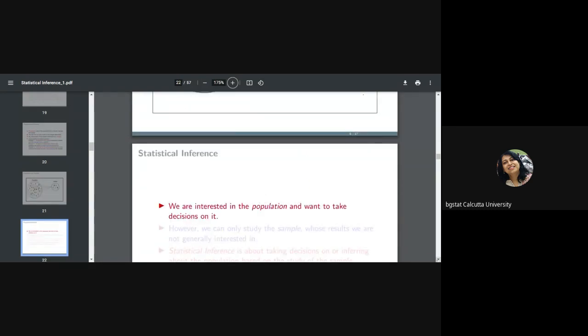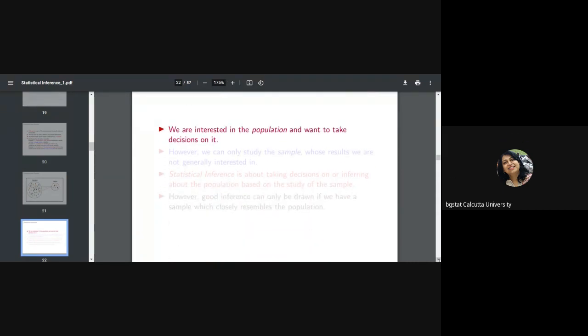So next we come to statistical inference. As I said, we are not interested in the sample. We are only interested in the sample to the extent it reflects the population. So we're interested in this population. We have some well-defined experiment and we have some well-defined parameter which we want to make a statement about.